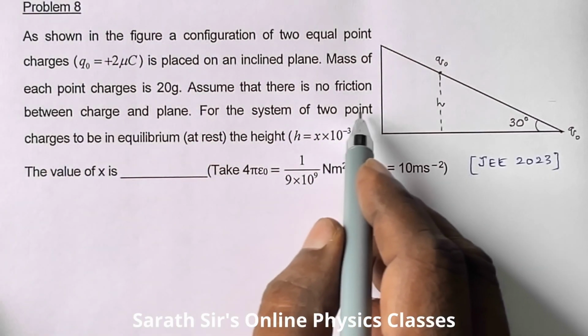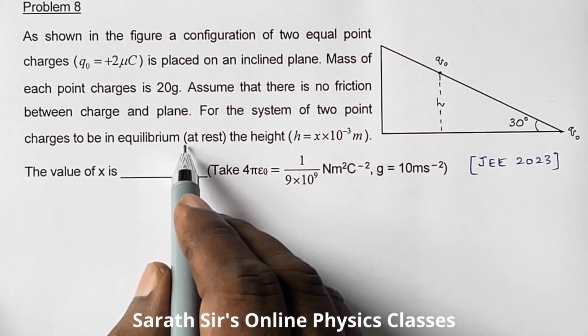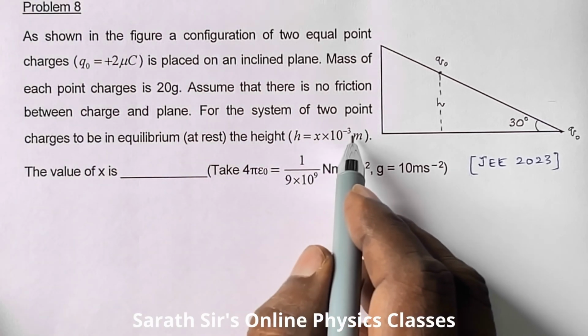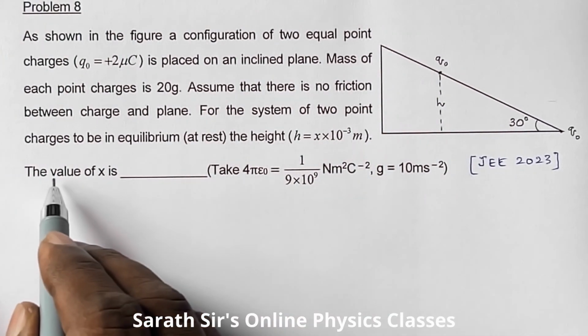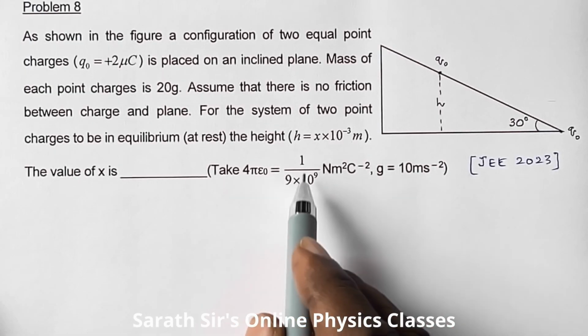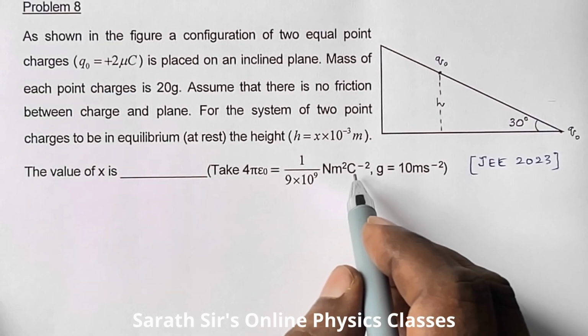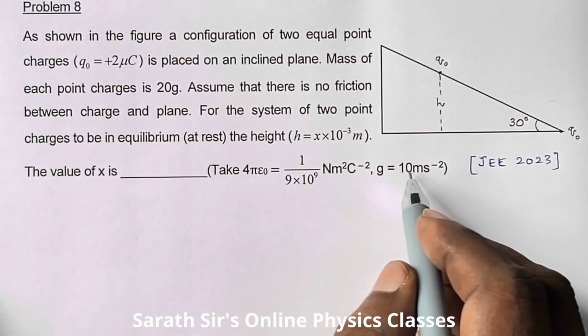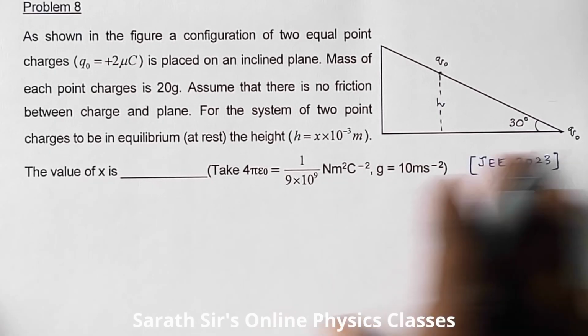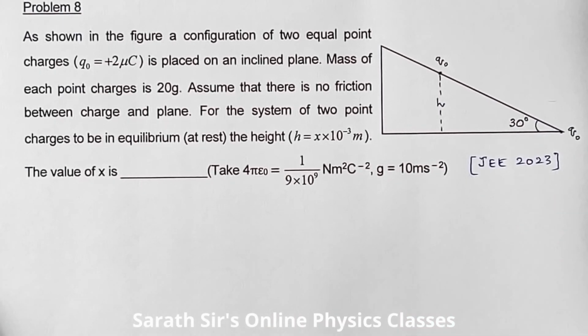For the system of 2 point charges to be in equilibrium, the height h is equal to x into 10 to the power of minus 3 meter. The value of x is dash. So 4 pi epsilon naught value is also given, 1 by 9 into 10 to the power of 9 Newton meter square per Coulomb square, and g is equal to 10 meter per second square also given. It was given in 2023. Let us solve the problem.